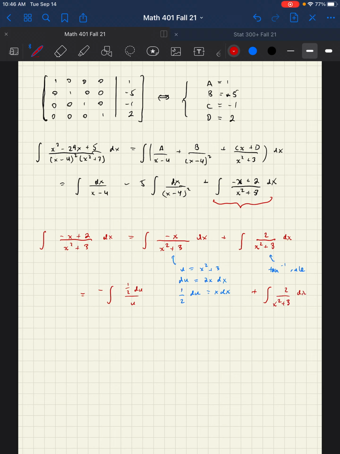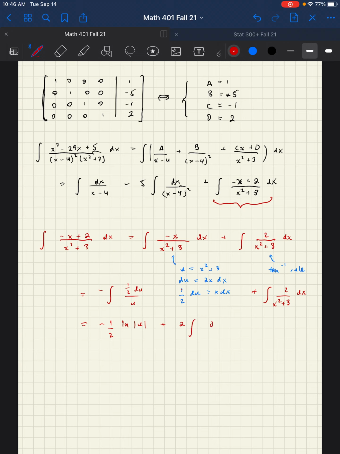We're going to get into that in a second, don't worry. This first one, remember, is just going to be negative 1/2 ln of absolute value of u. So that part's pretty much handled. We're just going to replace u back.